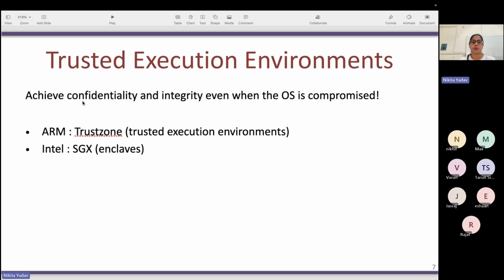It will not be able to learn the content, like the code or the data, and it will not be able to modify the code, data, etc. of your process if it's running inside a trusted execution environment.